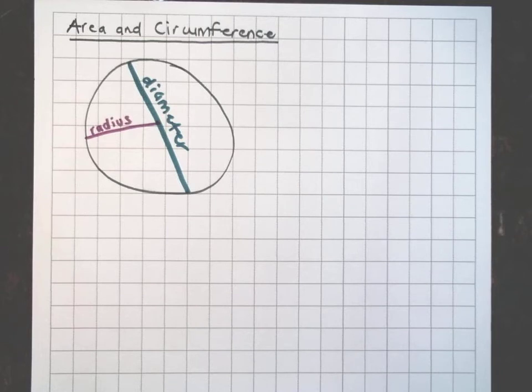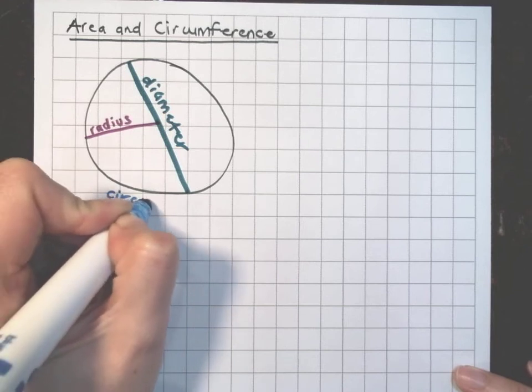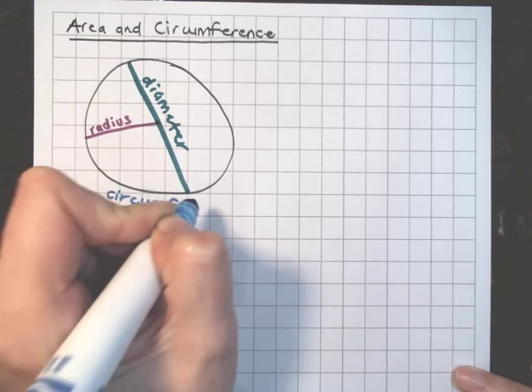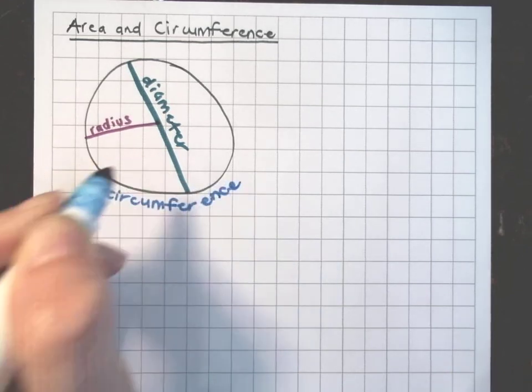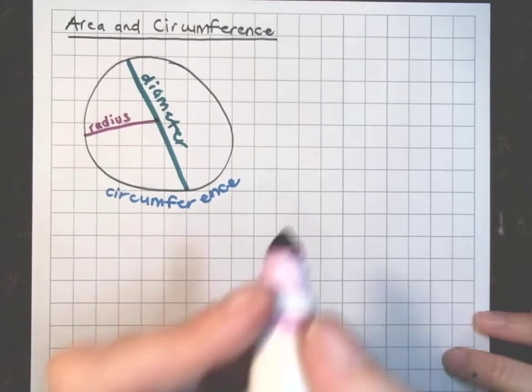And then the distance around the outside, or the perimeter, we call the circumference. We'll write down those definitions.